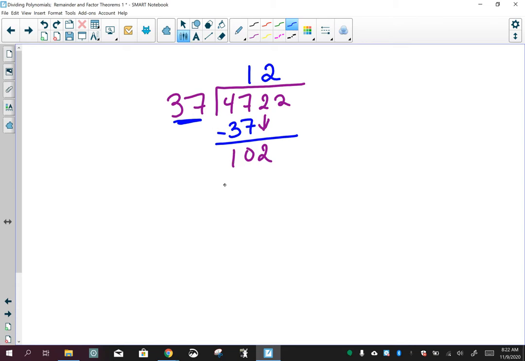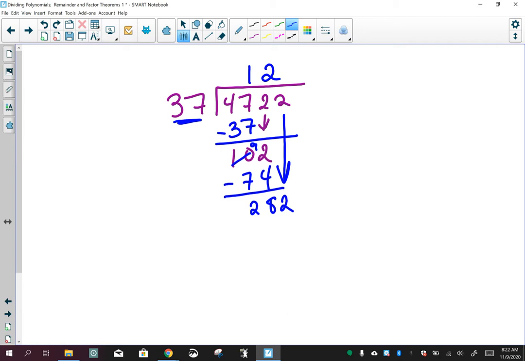It's positive, but as it comes under, it becomes negative. We're going to subtract, so that gives me an 8. That goes to a 9, that gives me 28, and then I drop down my next number, which is a 2. Then I ask myself, how many times does 37 go into 282? And I do the process all over again.